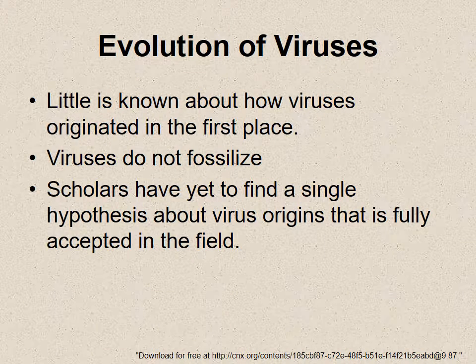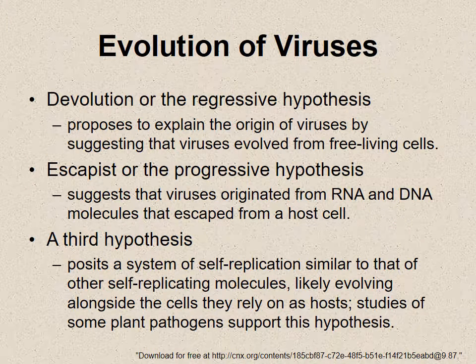But first, we're going to talk about the evolution. So, again, viruses don't fossilize, so we don't really know where they originated from. And there is not a single hypothesis that all scholars agree explains the origin of viruses. There are three that are listed here.